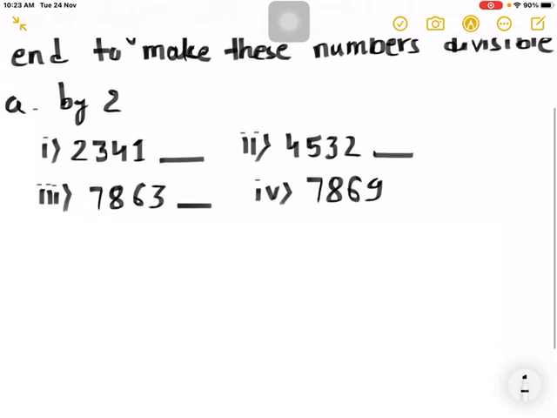So how to find out the correct digit to make it divisible by 2? For this you have to know the divisibility rule for 2. What is the divisibility rule for 2?